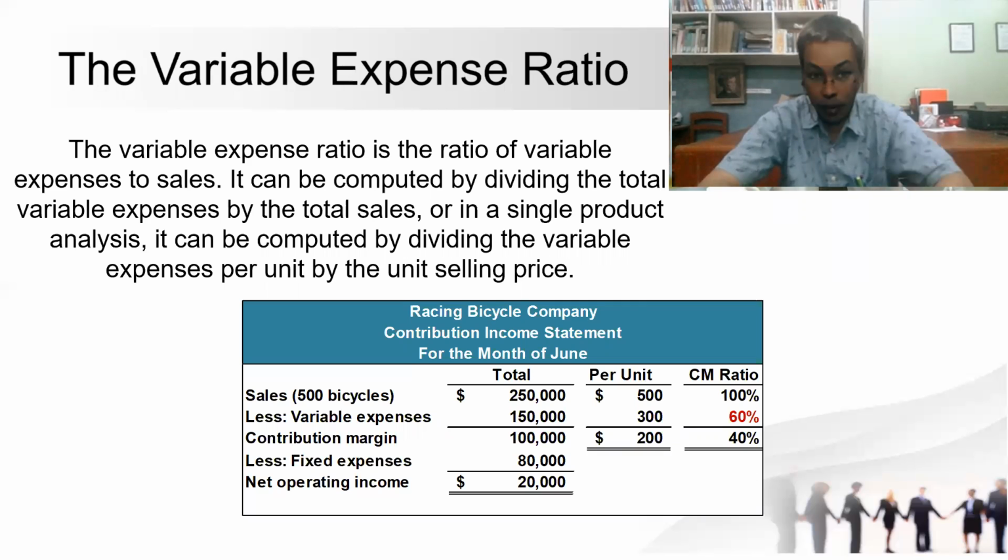As you can see, variable expenses here are written in total as 150,000, per unit that is 300, and as a ratio of sales, that is 40%.